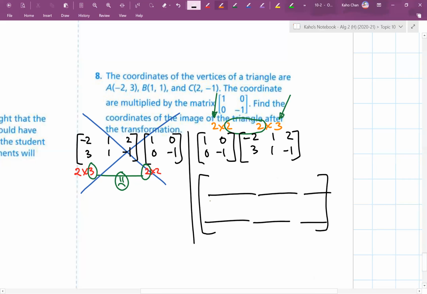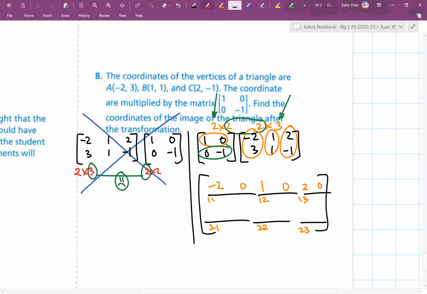Let's write the matrices down. And let's do the products here. All right, so -2, 0, 1, 0, 2, 0. Great. Let's use a different color here.